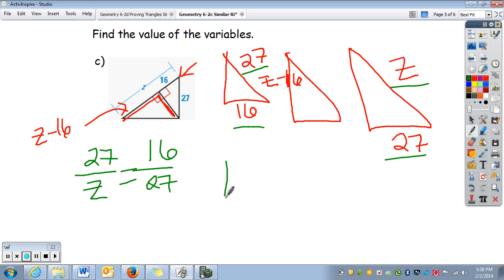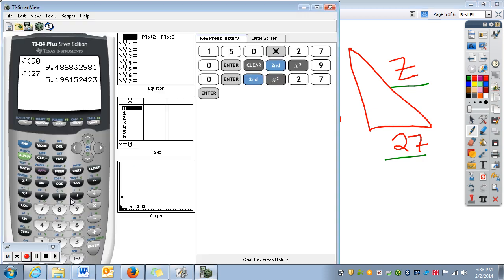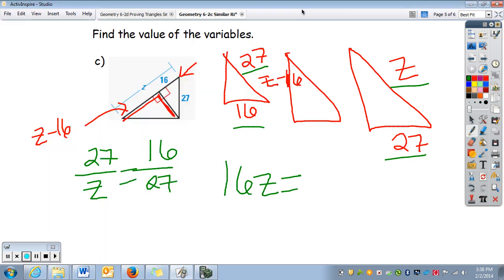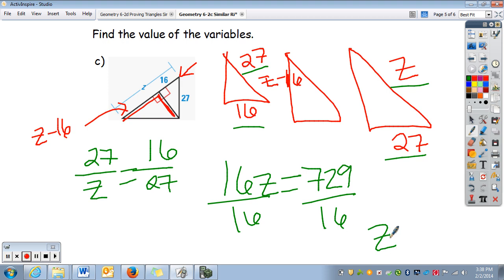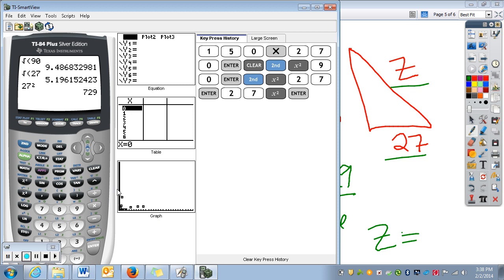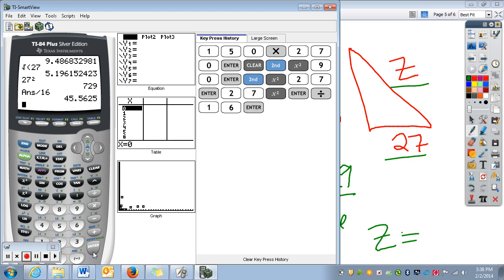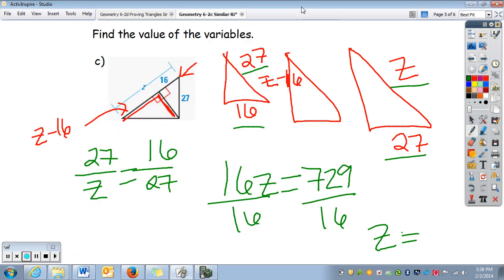Cross multiply and get 16z equals, I'm guessing, 249, but I am going to check. 27 squared, 729, ooh, way off. 729 divided by 16, z equals 45.6. There we go.